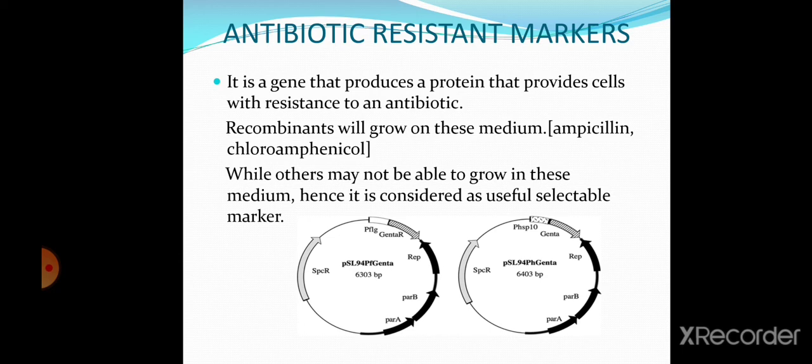Hence, it is considered to be a useful selectable marker. So, only the bacteria with the transformed DNA can be identified by growing on the medium because it contains antibiotic. These recombinants will grow on this medium, whereas the others cannot.